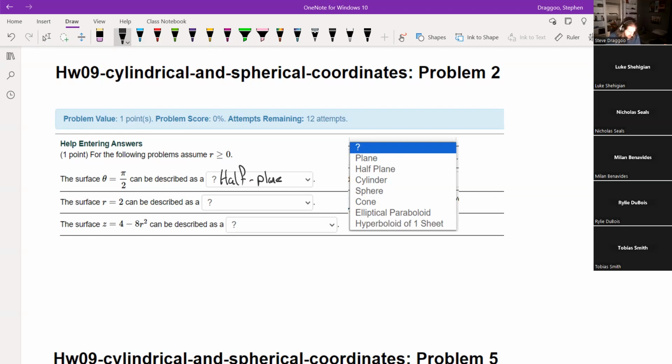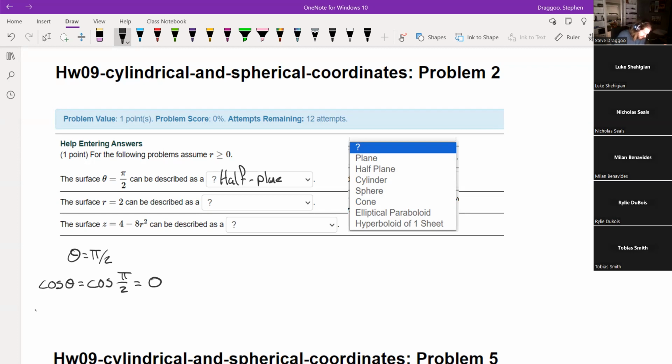All right, focus. An actual way that we could convert that into rectangular coordinates that'll make sense: let's just take the cosine of both sides. If theta equals pi over 2, that means cosine theta equals cosine of pi over 2, and cosine of pi over 2 is 0.